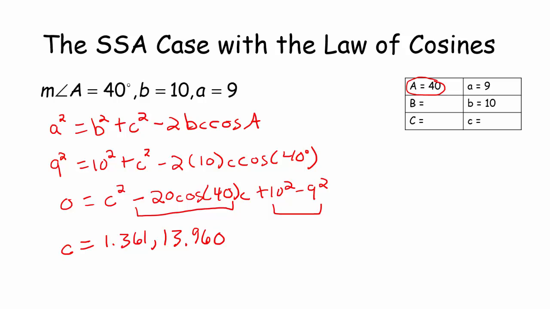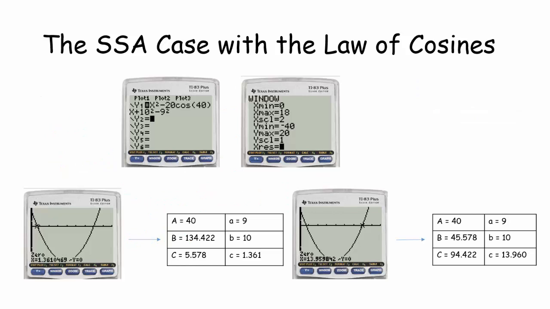Or we could use the graphing feature of the calculator. So we could set up our equation, c squared minus 20 cosine of 40c plus 10 squared minus 9 squared. Notice I'm saying c, but the calculator doesn't have a c, it's just coming in as x. That's totally fine. I had to play with the window a little bit.